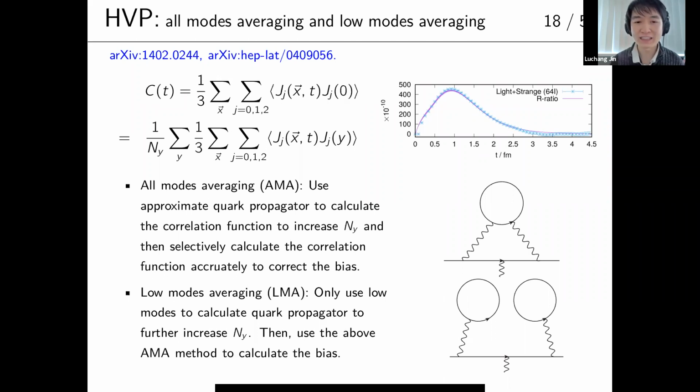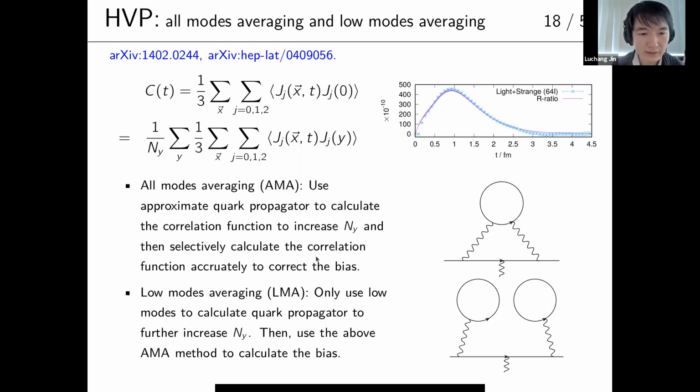And we can estimate the difference between sloppy and accurate propagators in the correlation function calculated from the propagators, using the small set of data. Then we can have a larger set of data with just the sloppy propagators, and that gives us more statistics. So this is one great way to increase statistics or reduce statistical error.